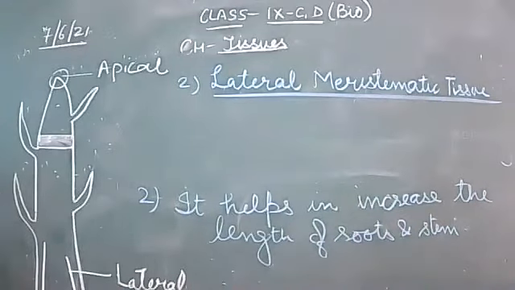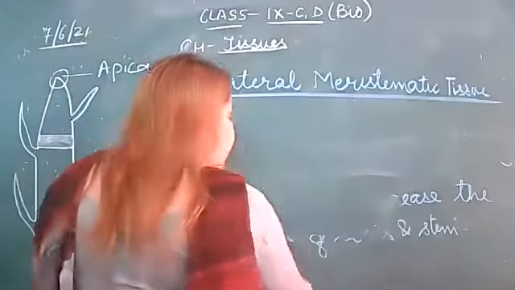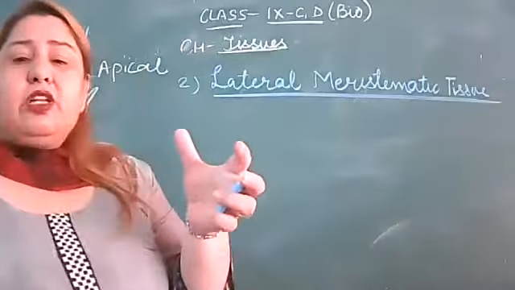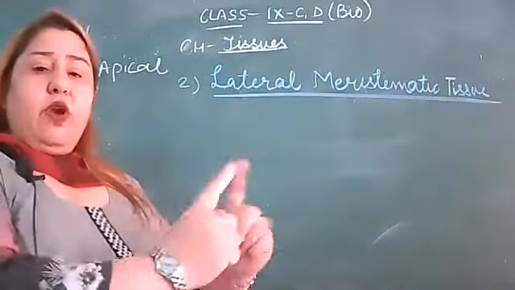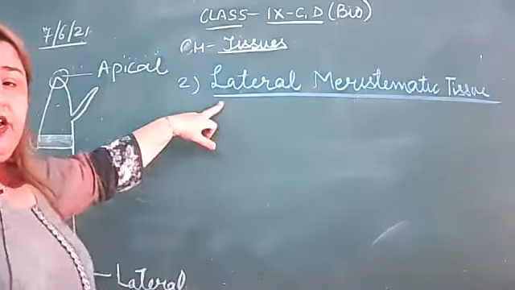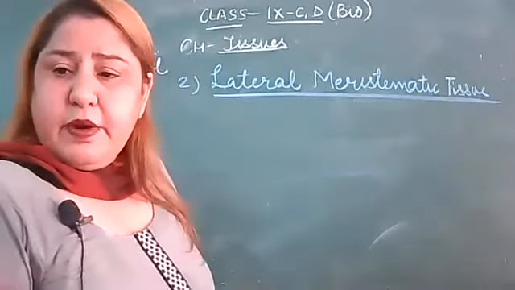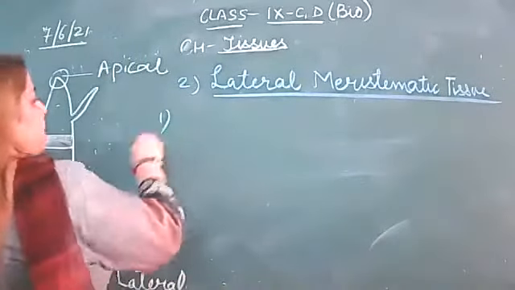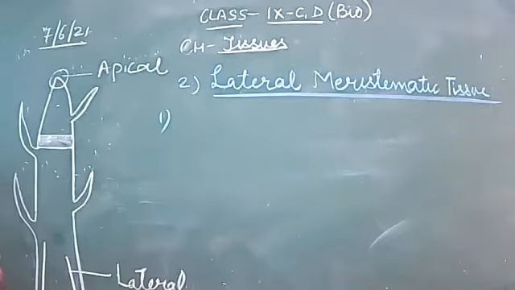Write down, it is present at the lateral side of the stem because it will increase the girth of the plant, meaning the width; it makes it thicker from here. So write down where lateral meristematic tissues are present.